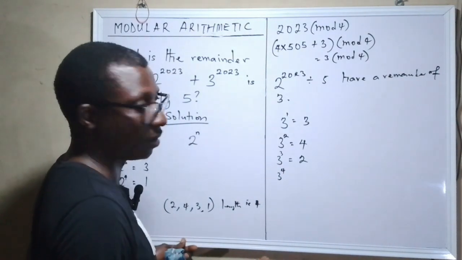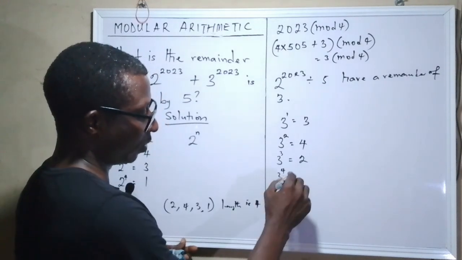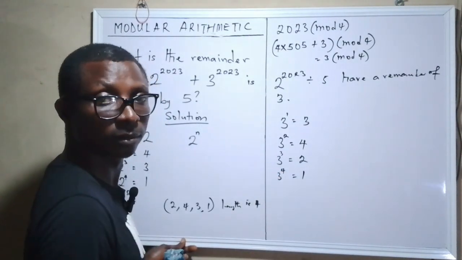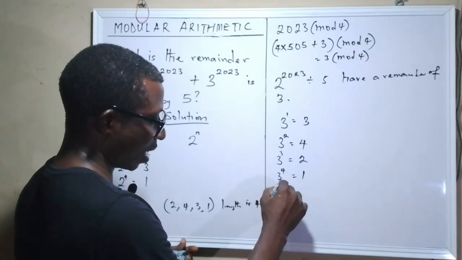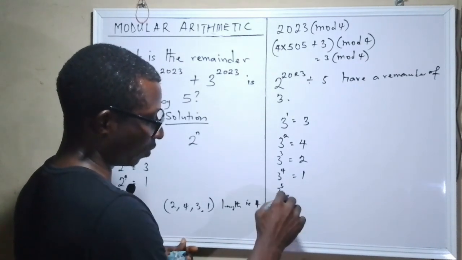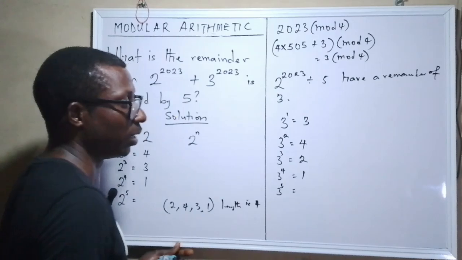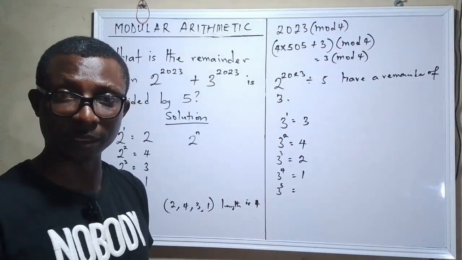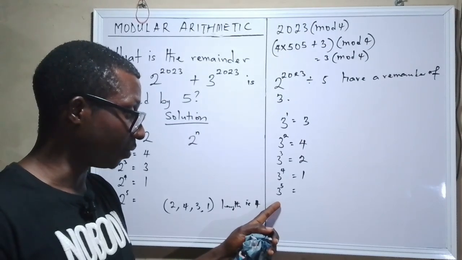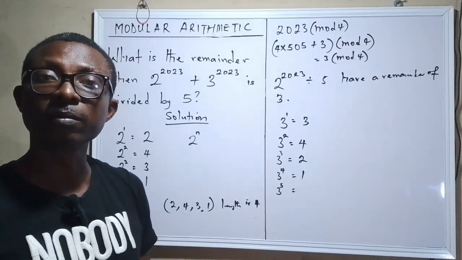So when you divide that by 5, you are going to be having a remainder of 1. Okay, so we can go on. So by the time we have 3 raised to the power of 5, you'll be having 243. So when you divide that by 5, you're going to be having 3.